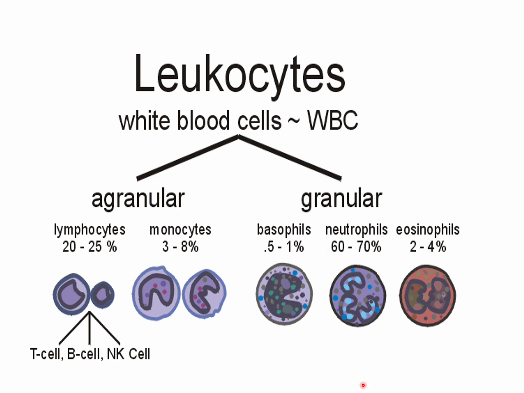So granular leukocytes look granular under the microscope. They look like they may be filled with sand, whereas agranular do not appear that way under the microscope. And whenever we do get to look at white blood cells or blood smears in the lab, you may be able to differentiate the two based on the agranular or granular appearance.